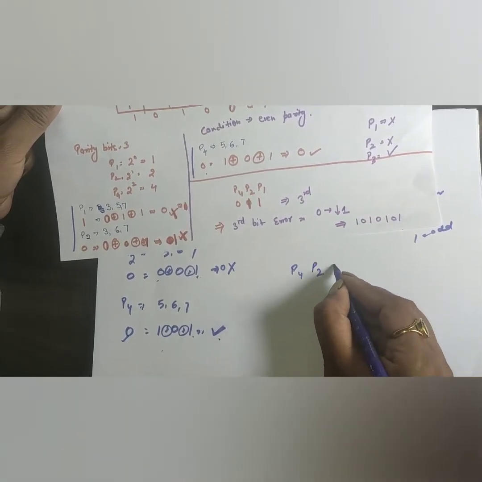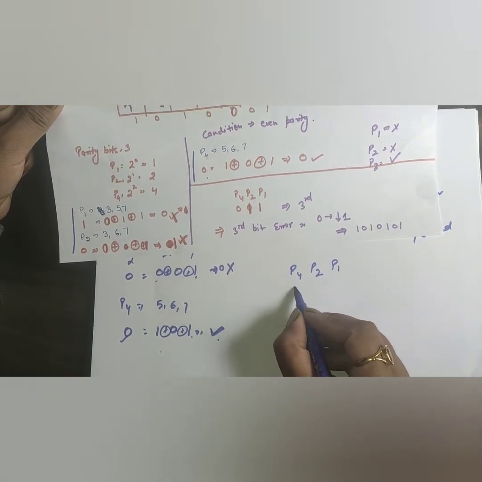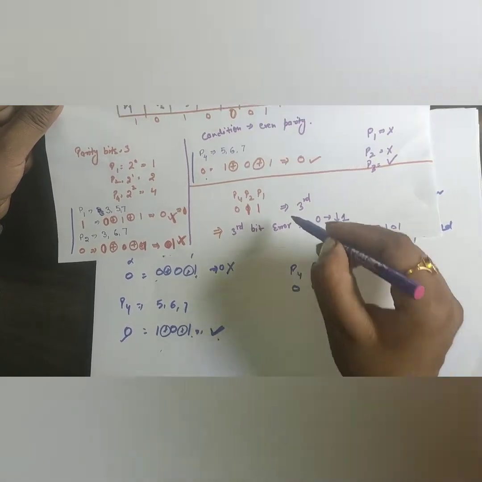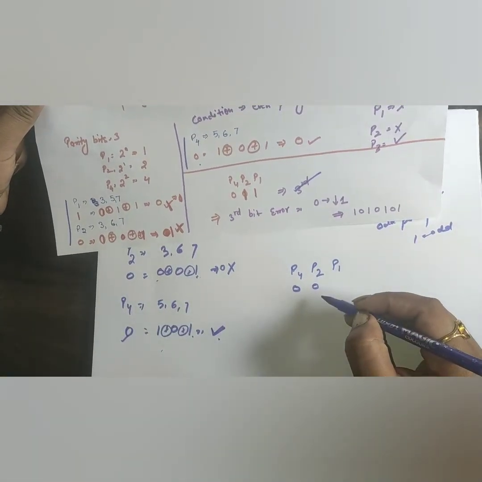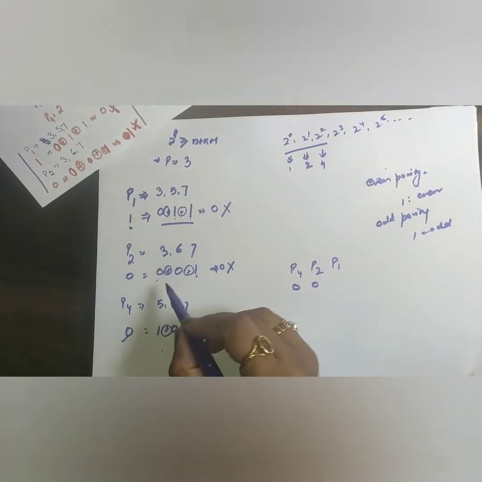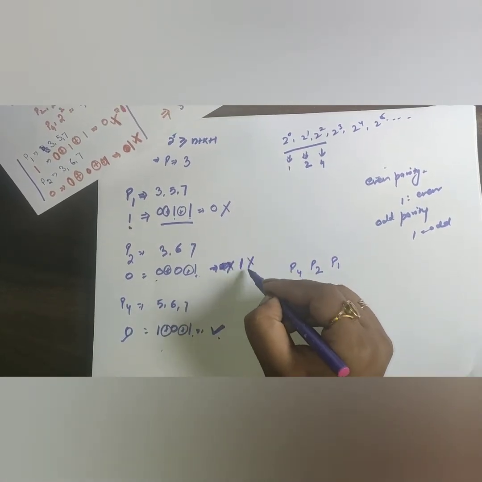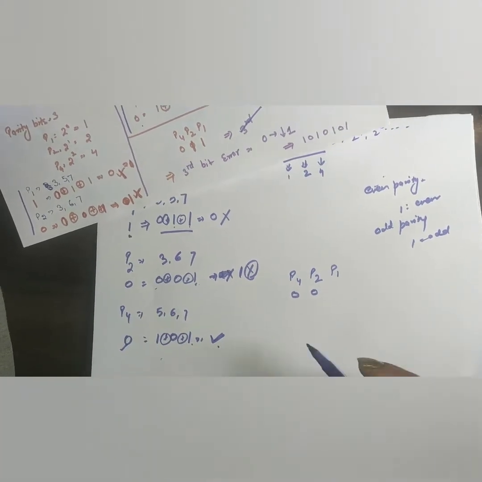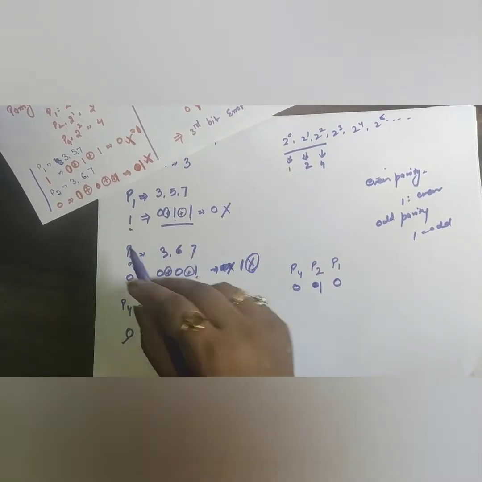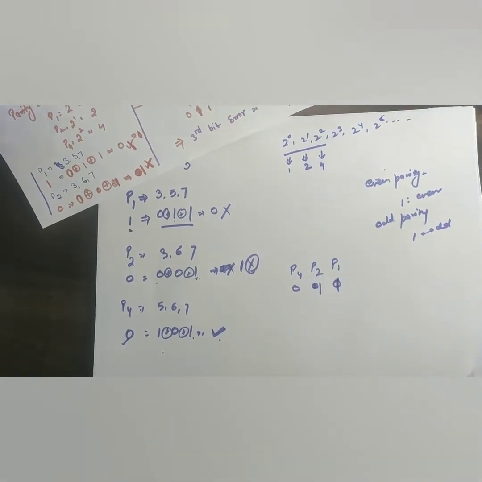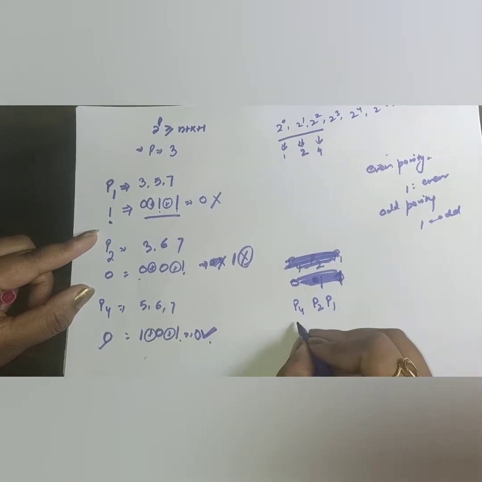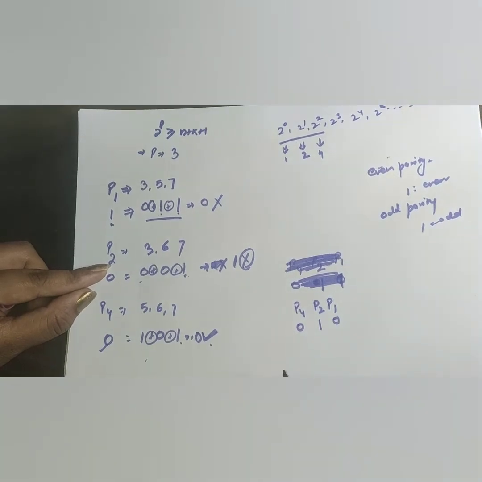Now P4, P2, P1. P4 is 0, P2 is 1 because the XOR will be 1 and the received P2 is 0, so it is incorrect, and P1 is 0.